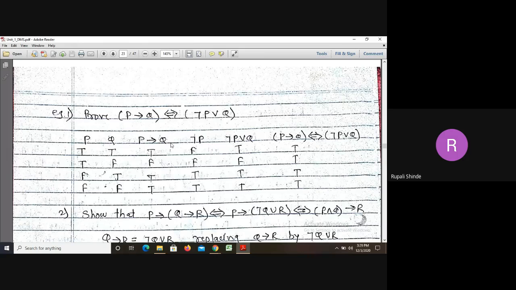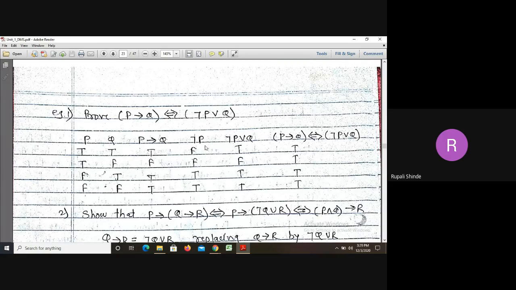TF gives F, and for all other combinations it remains T. So we get F, T, T, T. Only for the combination TF it is F.